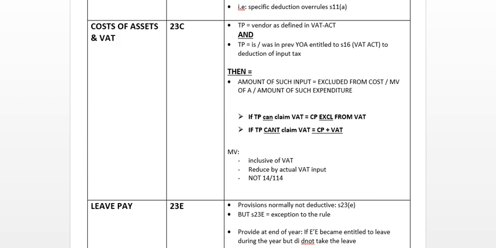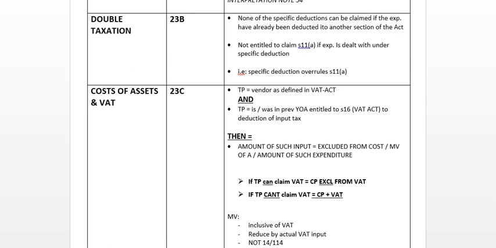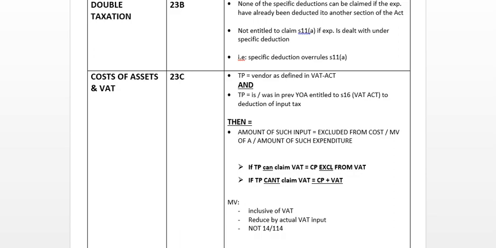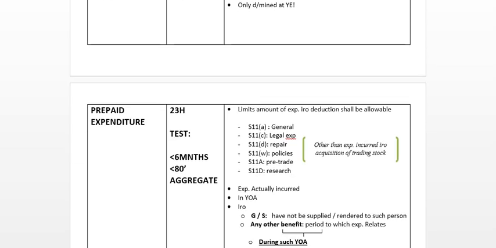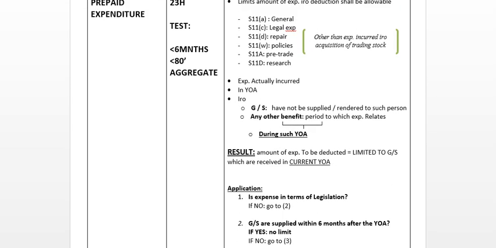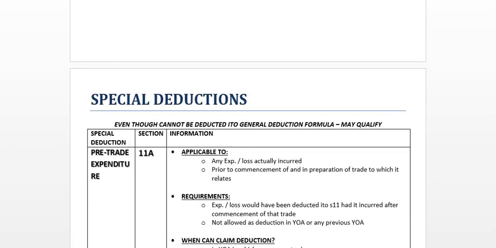Just know that any input VAT or VAT-related matters are dealt with in the VAT Act, and this also relates to double taxation, because it's already a deduction in terms of the VAT Act, so you can't deduct it again. Okay, leave pay, prepaid expenditure, these are all tests that you need to go through on your own, but you just need to read through them.